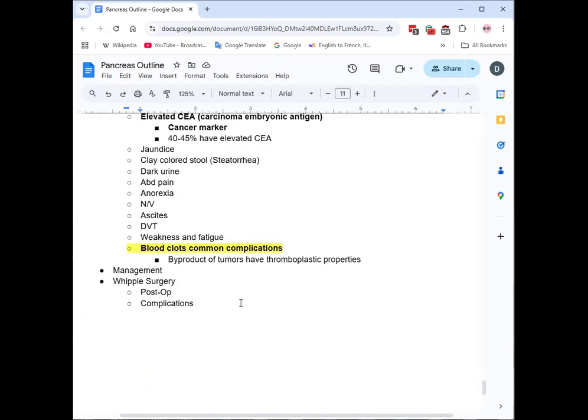I think one of the things that made it slightly unique would probably be the blood clots or common complications thing. So those tumors can have thromboplastic properties, meaning they cause an increase in production of clots. Yeah, I can imagine that being a potential risk.